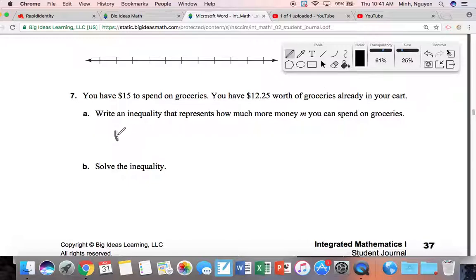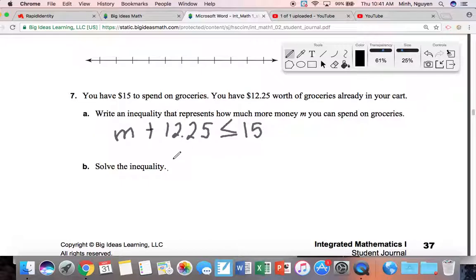So I'll say m is what you can still buy. You already got $12.25, and you have to add them up to find the total, right? And if you spend exactly $15, you're still all right, so equal makes sense. Otherwise, you have to spend less than that, right?